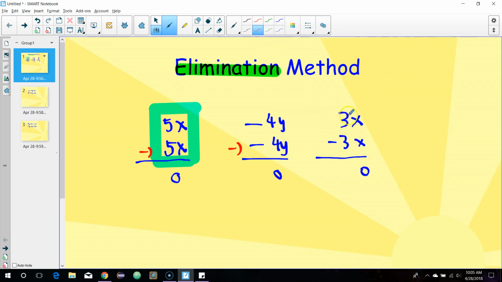If they are exactly the same, like 3x and 3x, and they have opposite signs, the operation is going to be a plus. Without the operation over here, in your mind you're basically saying I'm just subtracting them. But what you're actually doing is adding a positive 3 and a negative 3. If you can get through this idea, the elimination process is really not too bad.